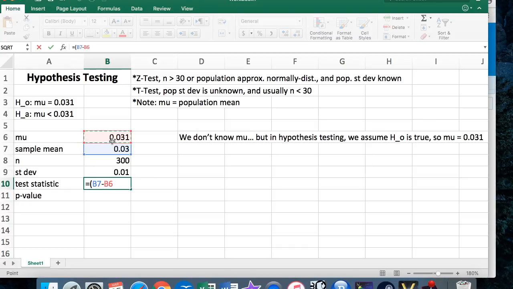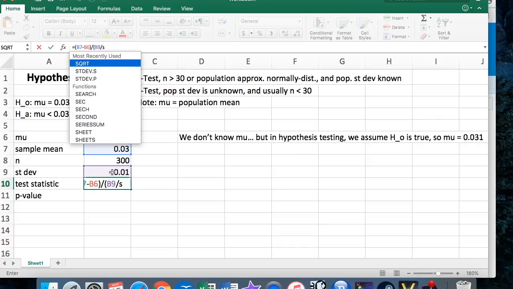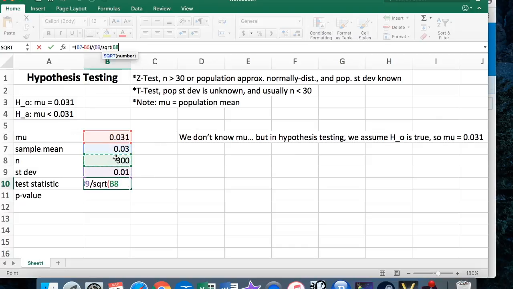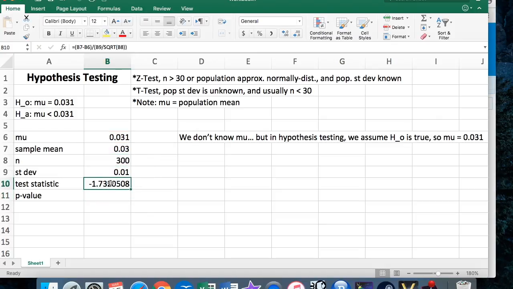Minus this. Divide by your standard deviation, which is your population standard deviation divided by the square root of your sample size. And there we go, just like we had before. This is our test statistic.